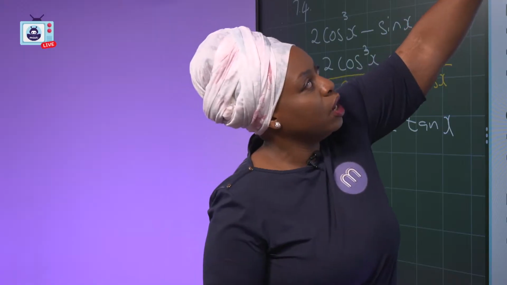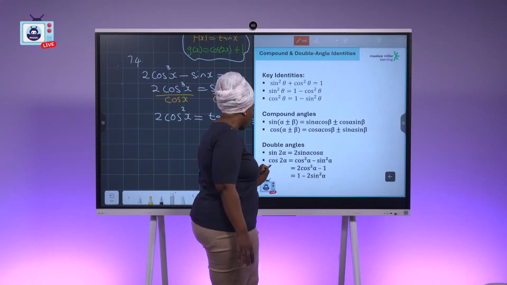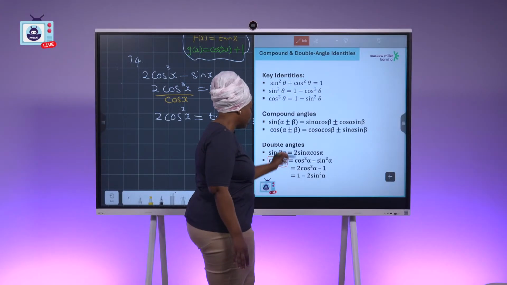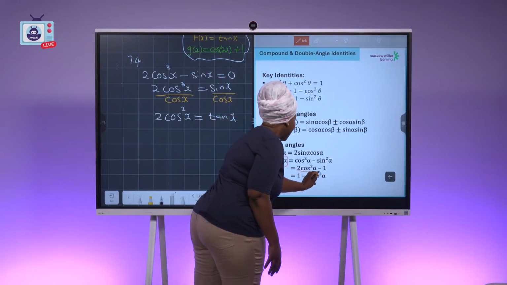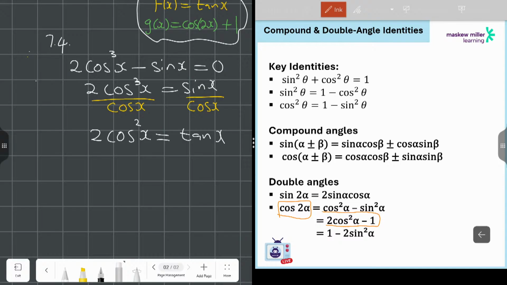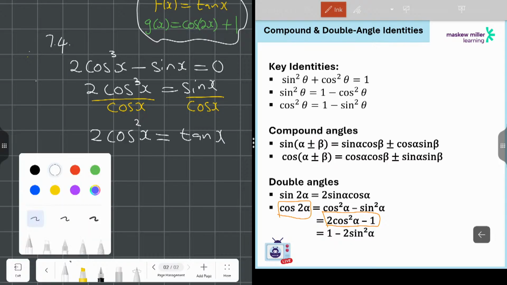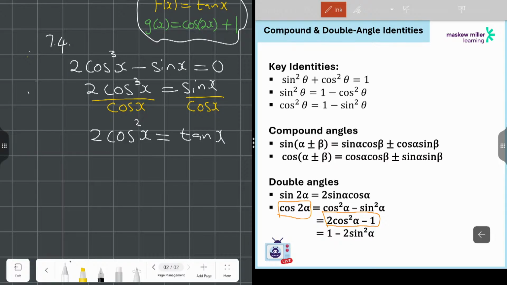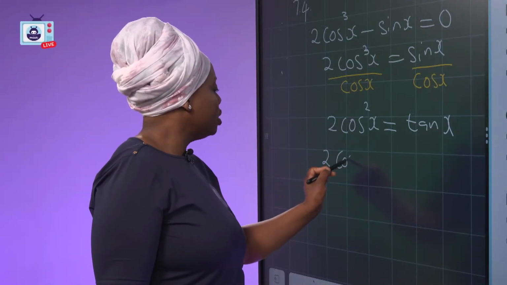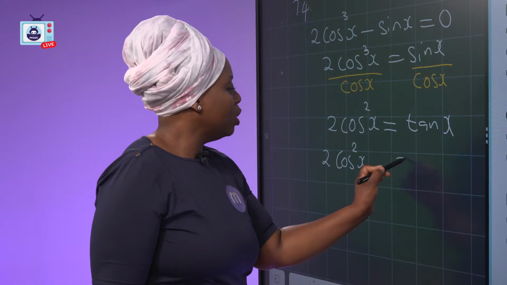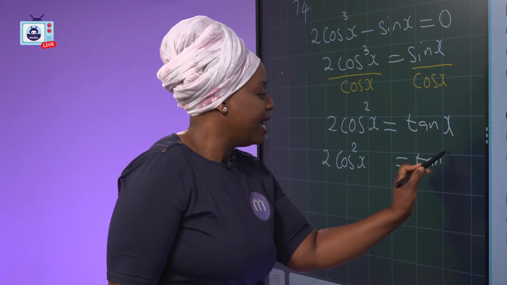So if we go to the cos space, for us to end up with cos 2 of something, we can use either of these. You can see there's 2 cos squared alpha minus 1. I need to create that. For me to create it, I would have to subtract 1 on both sides of my equation. That's my best bet. So I have 2 cos squared x equals tan x, right?